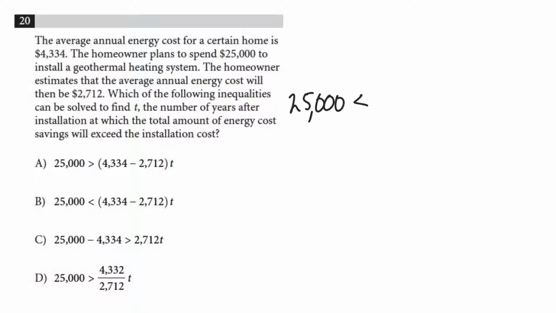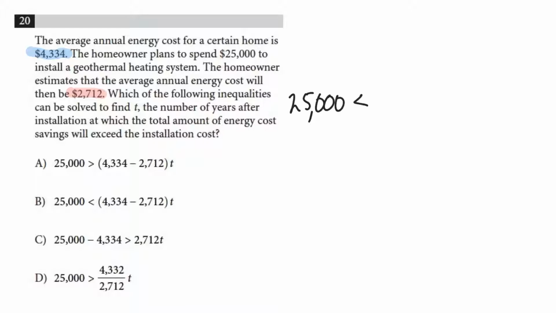The homeowner estimates that our annual energy cost is 4,334, and after the installation it will be 2,712. So the amount saved would be the difference in those two.